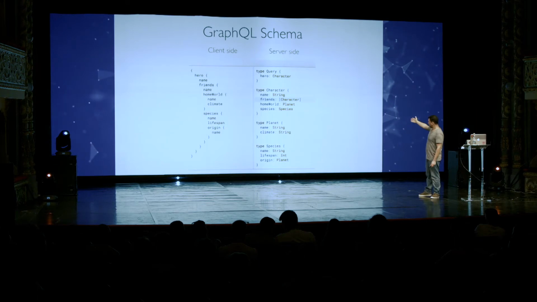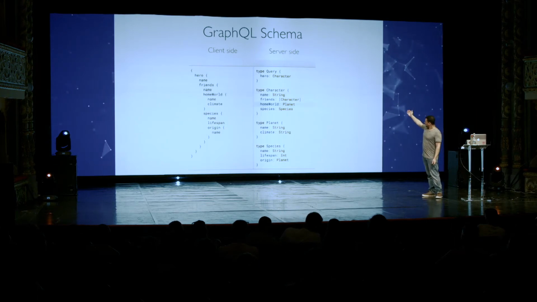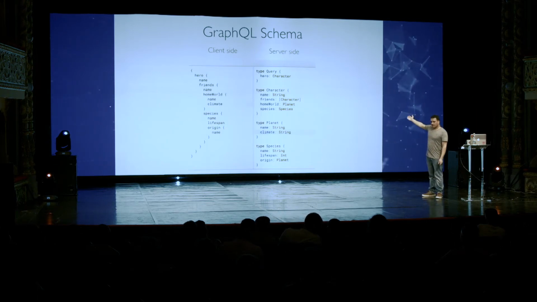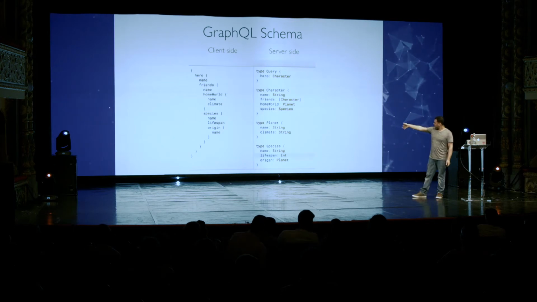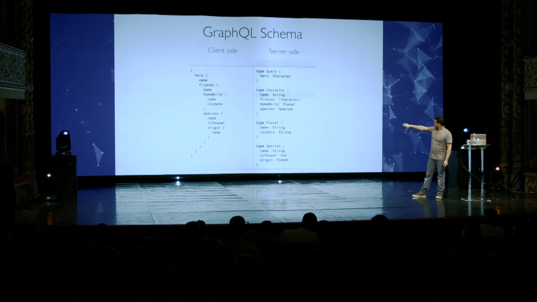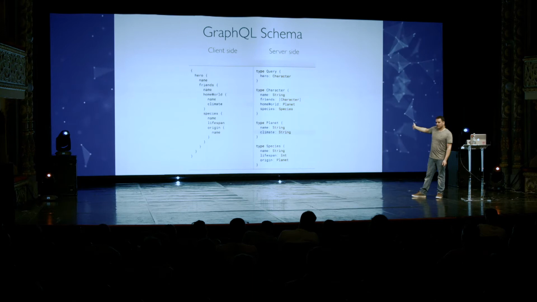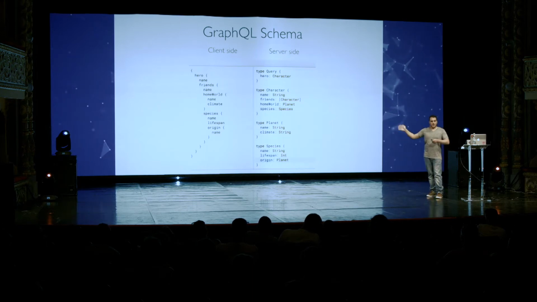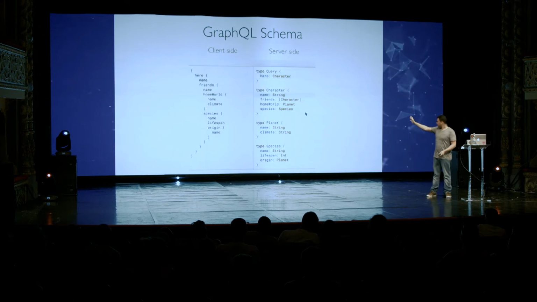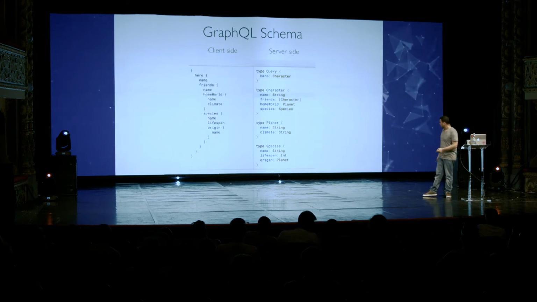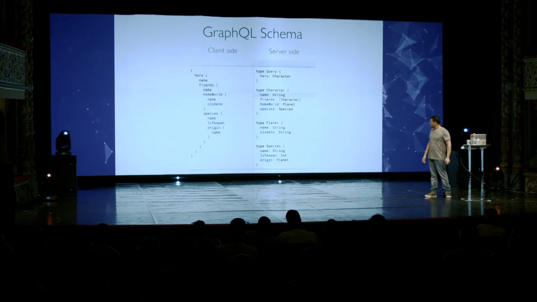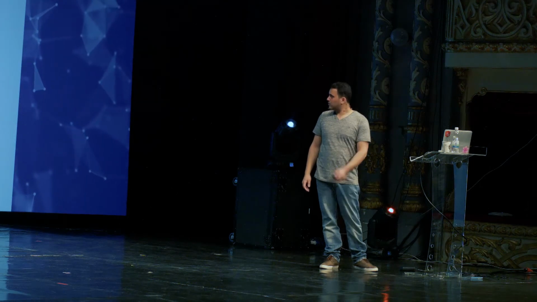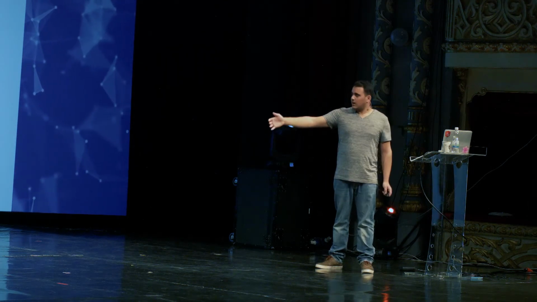This is a cool example of a schema. You can see on the right the server side schema, and on the left the client side. And the client side can ask for the fields it needs, and the server side declared exactly the fields and the types, and we don't need to specify the types or anything else in the client, just the name of the fields.